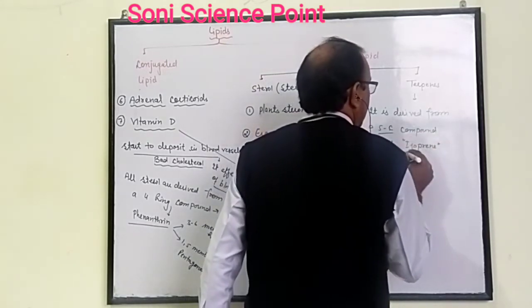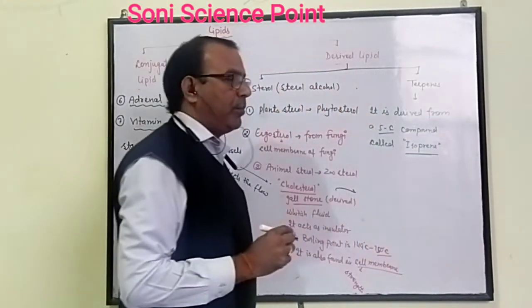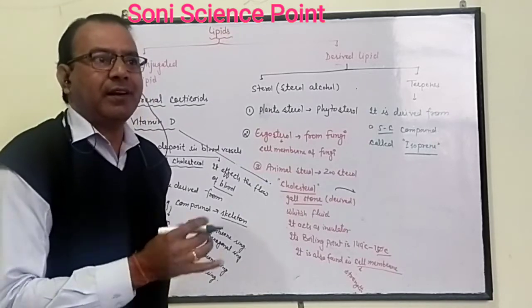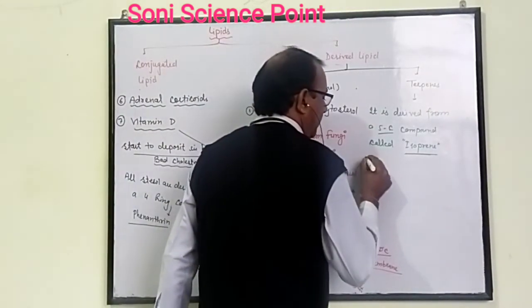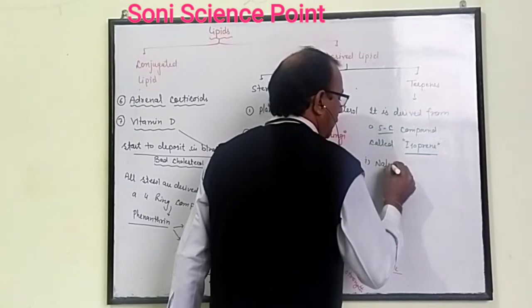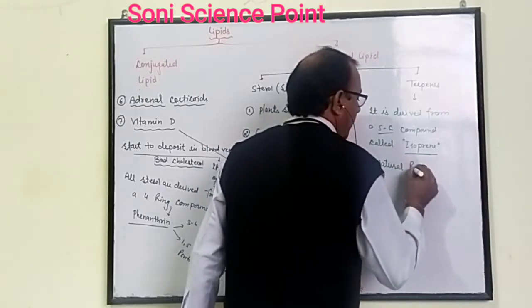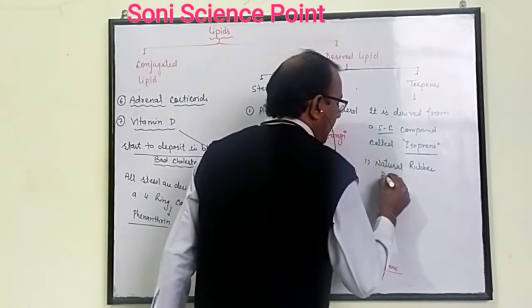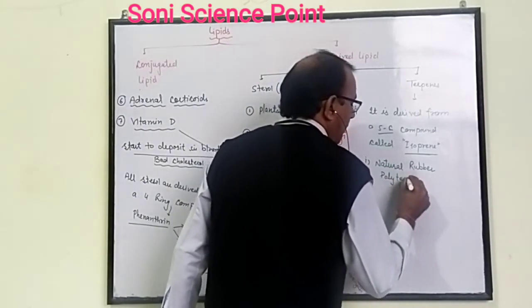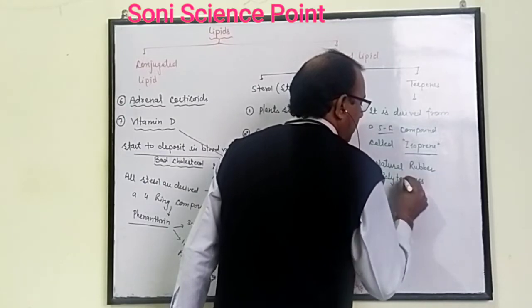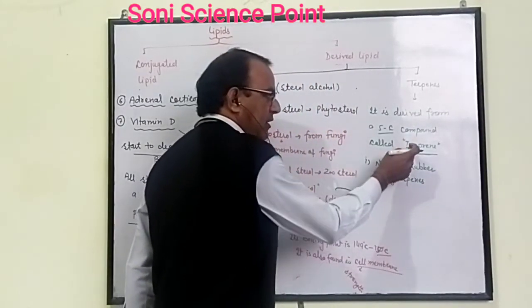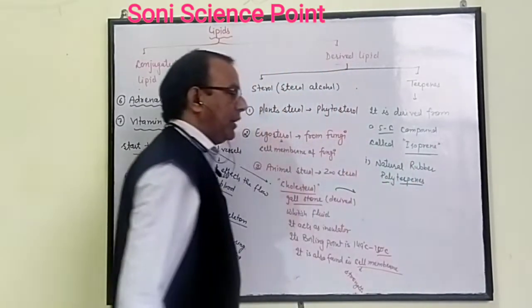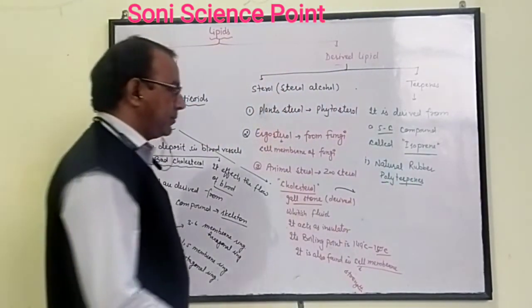So we can say that terpenes are 5-carbon compounds, and that is called isoprene. From this isoprene we can derive natural rubber. Natural rubber is polyterpene. It means natural rubber is derived from isoprene, which contains many units of terpenes, so it is called polyterpene.